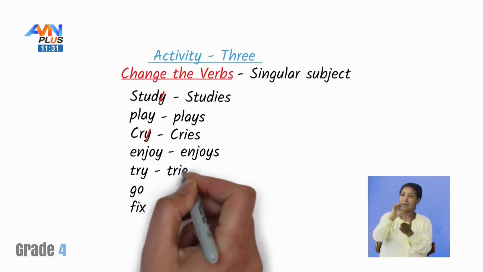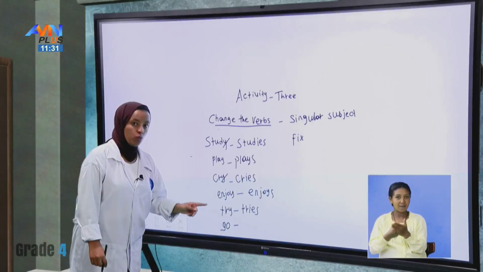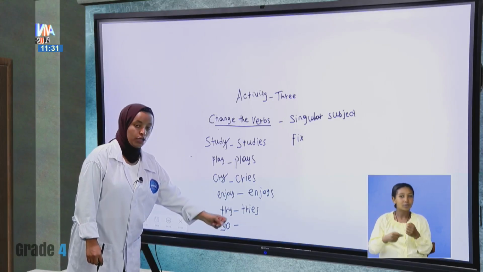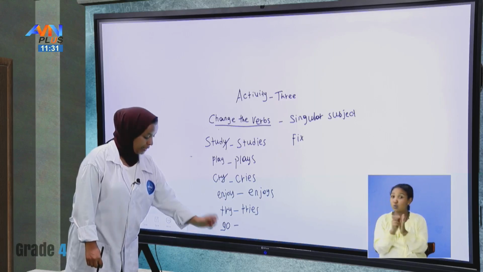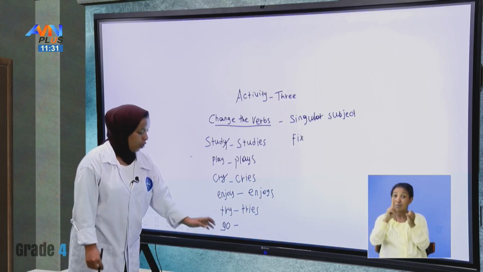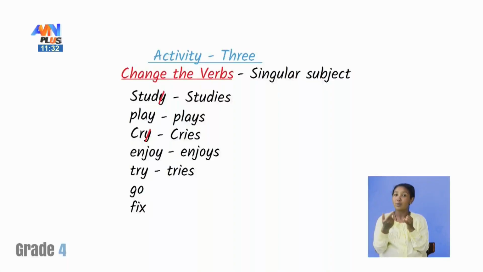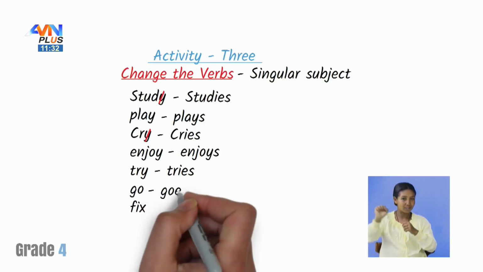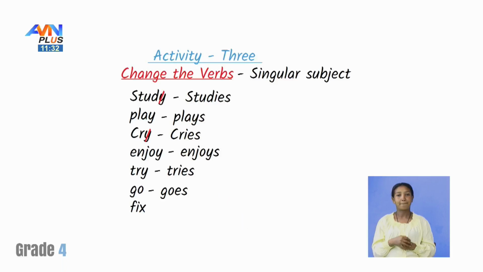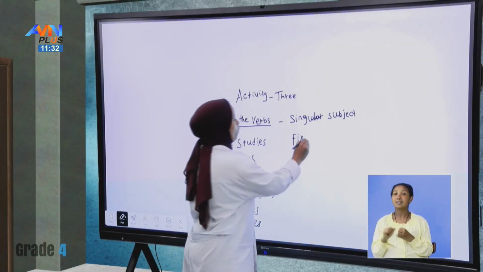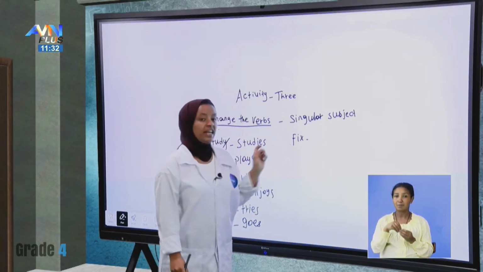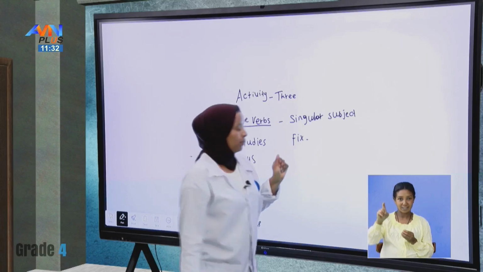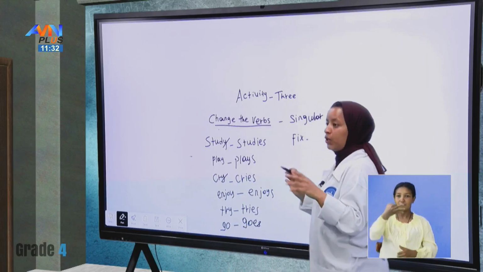Here is go, ending with O, so there is a rule. When the verb is ending with O, we are going to add ES. Goes. Here is one more example. It's called fix. Fix, ending with what?